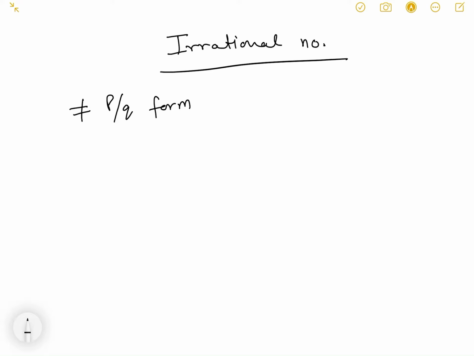Okay, we can take examples like root 2, root 3, root 6, root 7, because root 2 has a value 1.414, which is never ending, and also it is non-repeating.